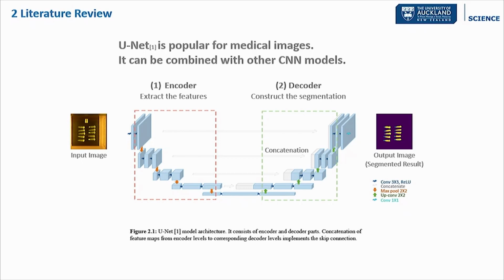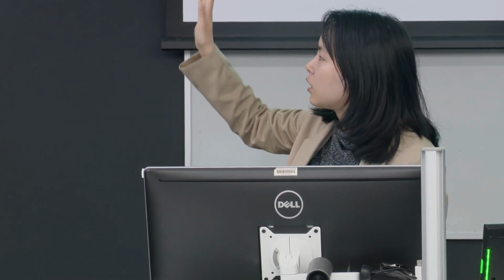And what's special about UNet is that it also introduces a skip connection, which is the concatenation here that combines the output of the encoder with the output of the decoder. In this way, we are able to keep some information lost through the encoding and decoding operations. That's the point that makes UNet produce more precise results.